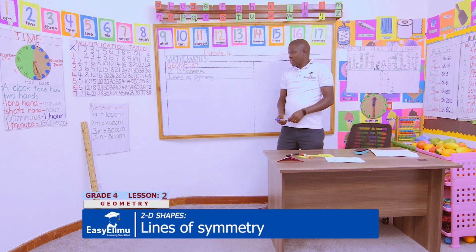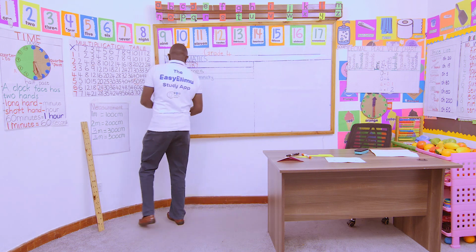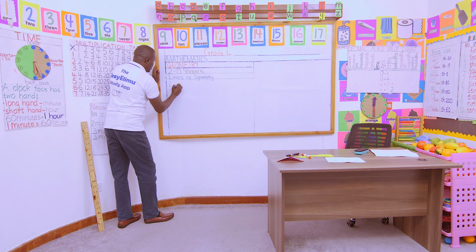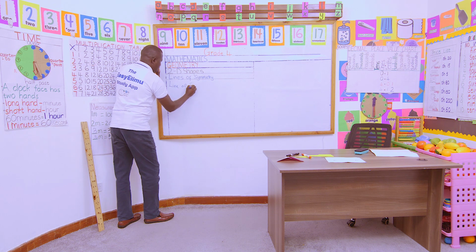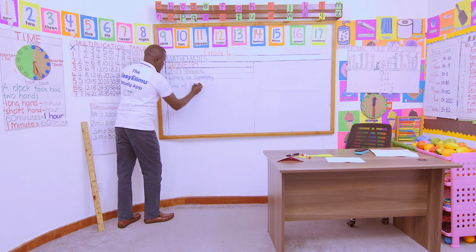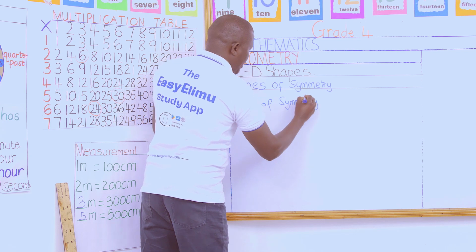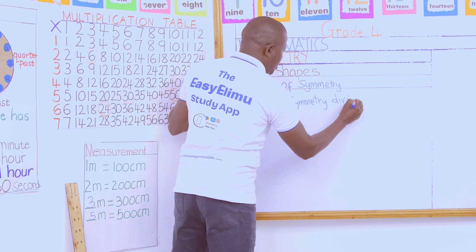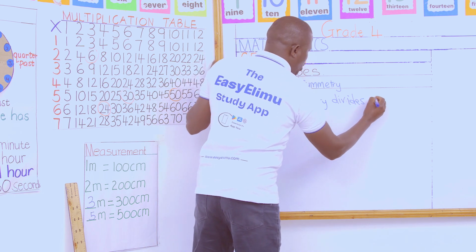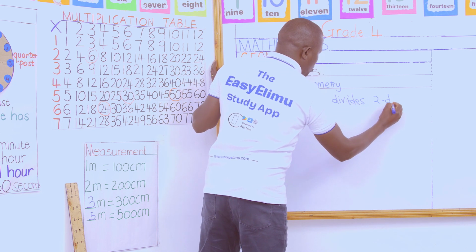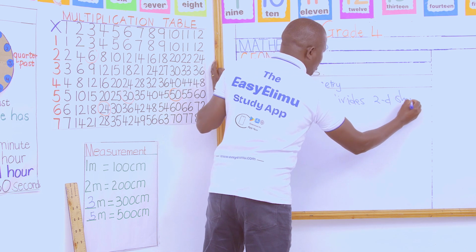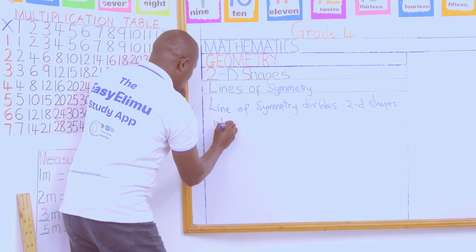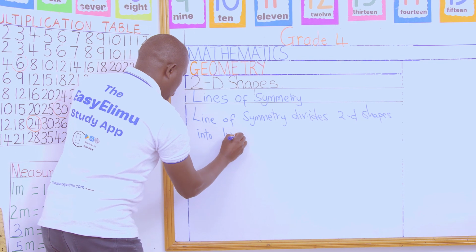So the line of symmetry divides 2D shapes into two equal parts.